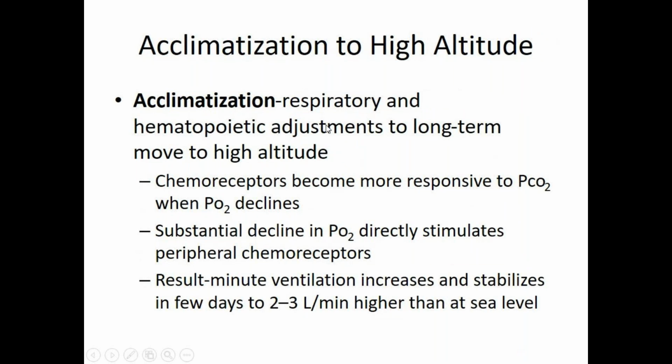You can acclimatize to it, though. We've talked a little bit about acclimatization in terms of the circulatory system, with increased rates of hematopoiesis, so we're making more red blood cells. In terms of your respiratory acclimatization, a lot of it has to do with adjustments made by your chemoreceptors. They become more receptive to changes in CO2, for example.